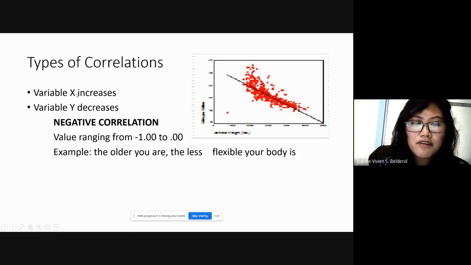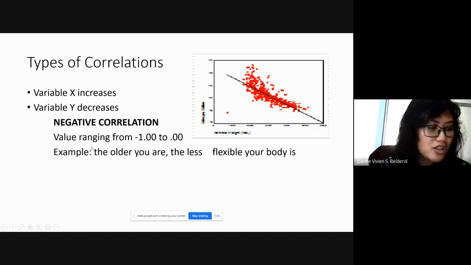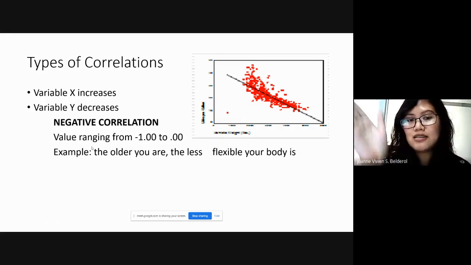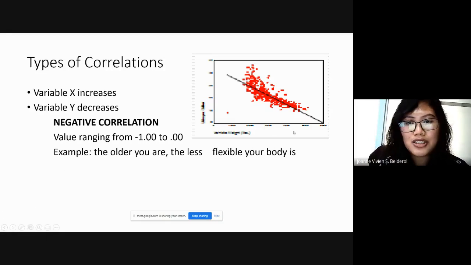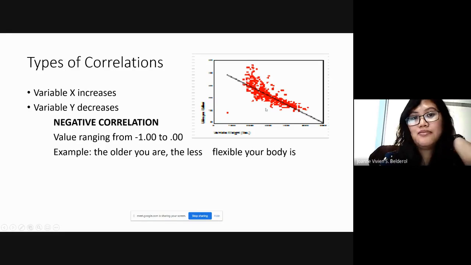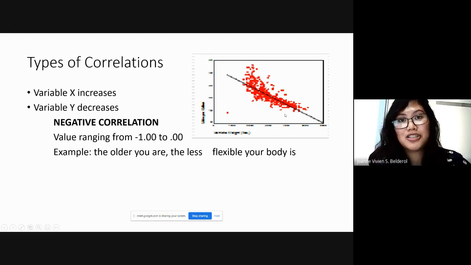So as variable X increases, variable Y decreases. Opposite direction. Notice nga ang iyahang graph, kaganina, inyong positive correlation leaning to the right. Pag negative correlation, it's leaning to the left. Okay? And again, observing the red dots, wala pa application of form of straight line. So it's not a strong relationship.